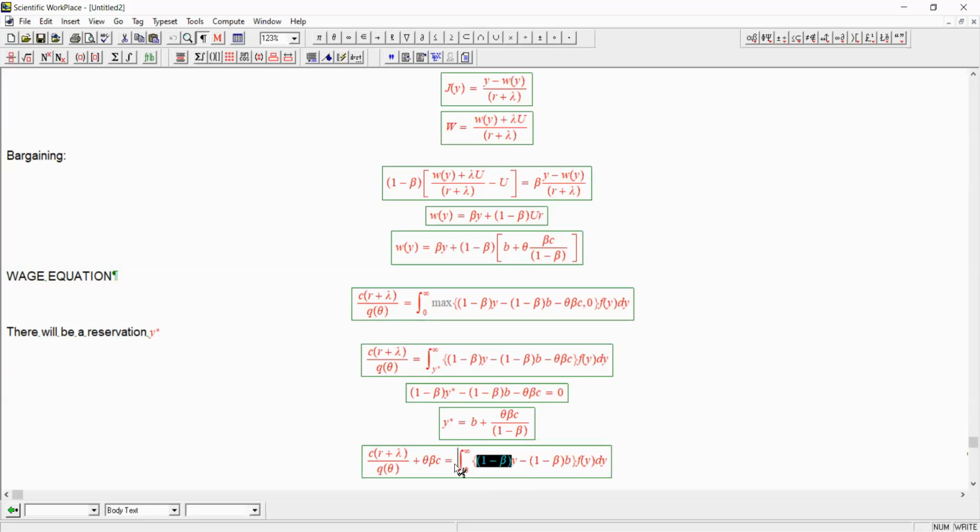You can see that by factoring out that. And we could simplify this as so. This factors out, and we get that this is just 1, and this is the expected value of y.